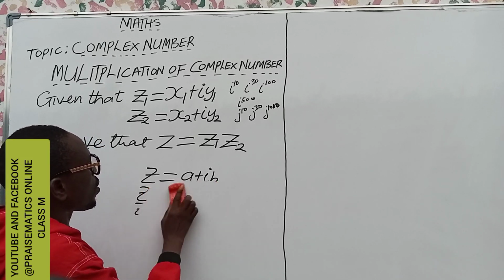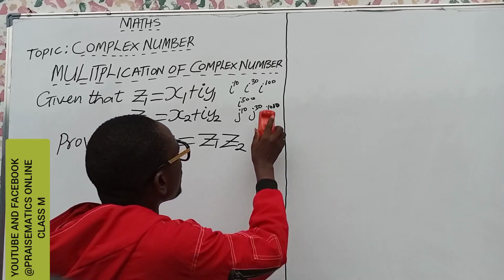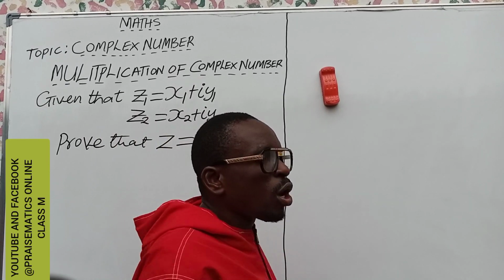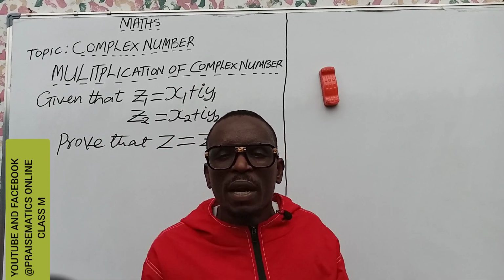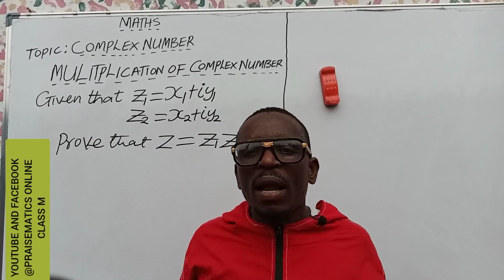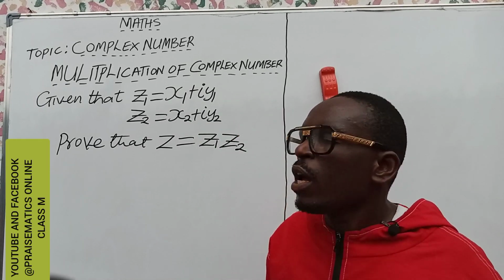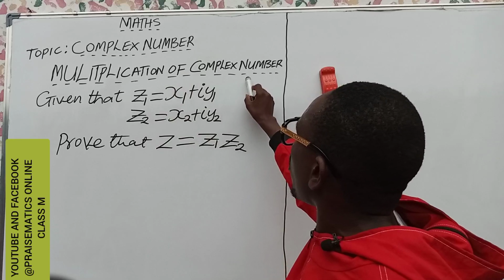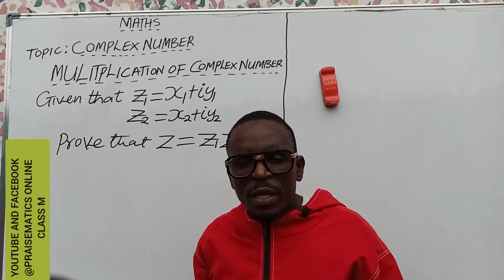Okay. We are through with the addition of complex numbers, the subtraction of complex numbers, and the power of i. Today we are going to look at the multiplication of complex numbers.